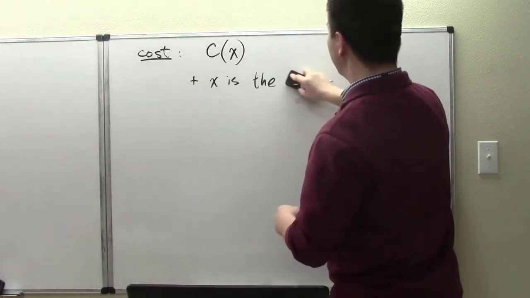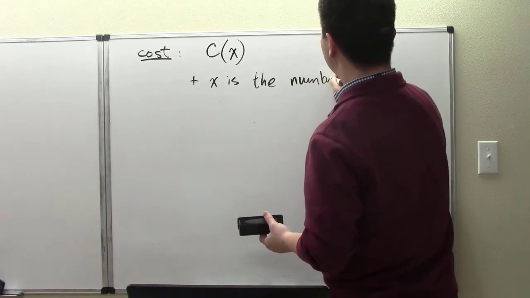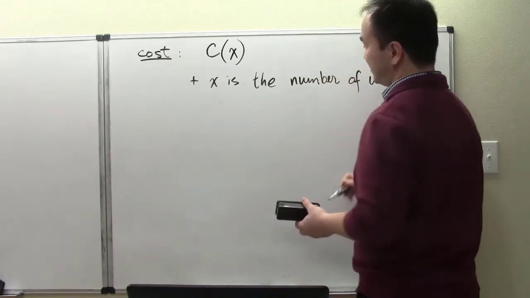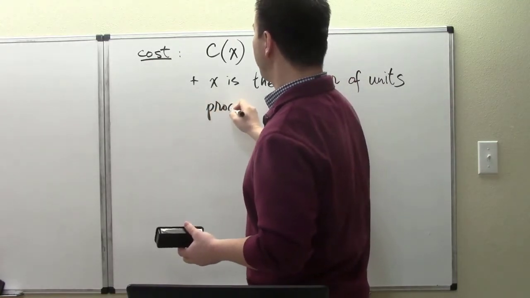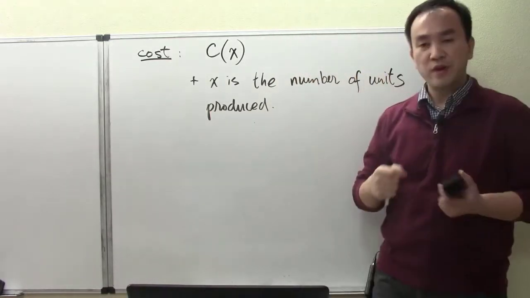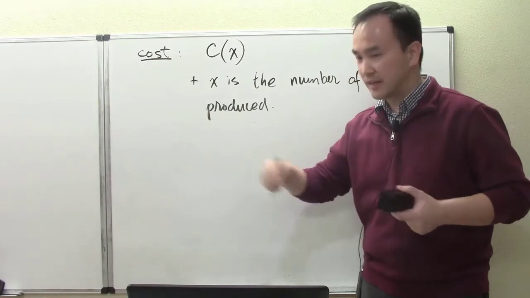The quantity, or to be precise, the number of units to be produced here. Because that's the first thing we have to spend on, our own expenses out of pocket.